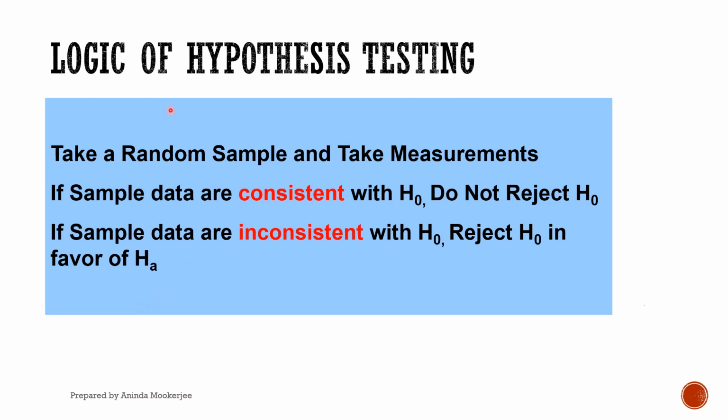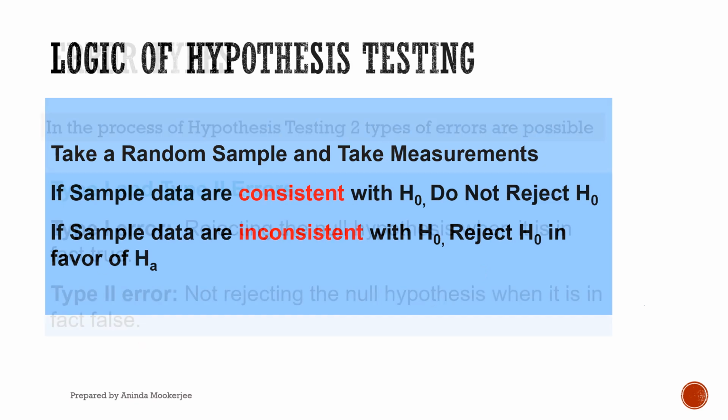So that's going to be our logic behind our decision on whether the null hypothesis should be kept as is, that is, do not reject the null hypothesis, or whether we should reject it in favor of the alternate hypothesis.